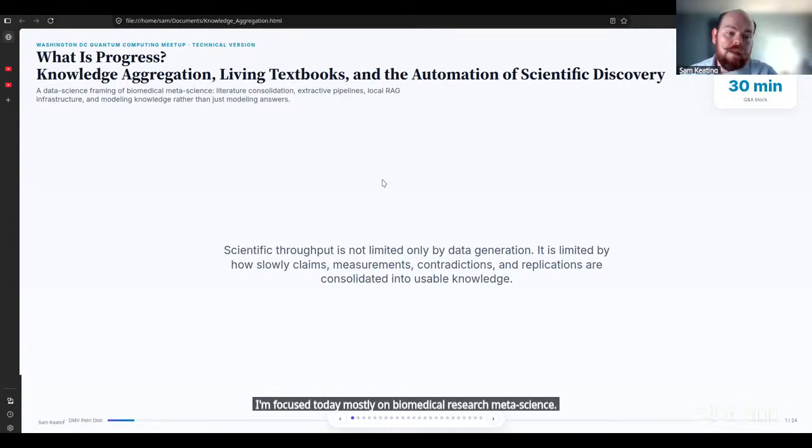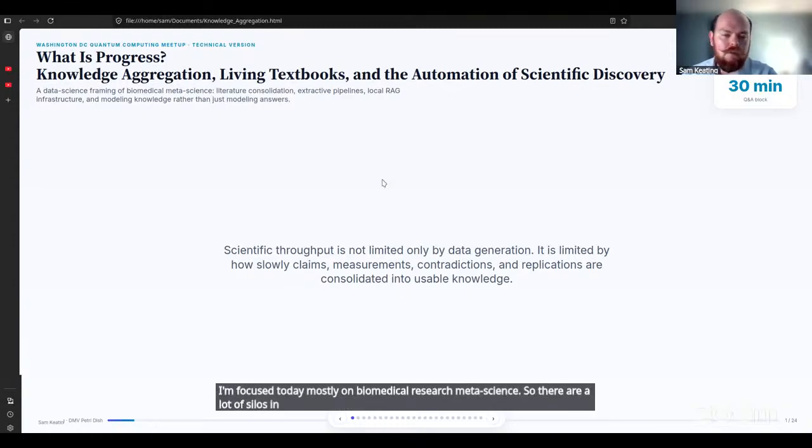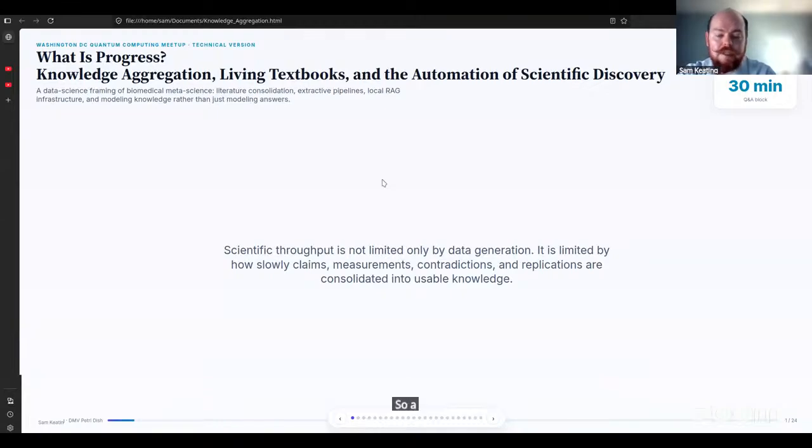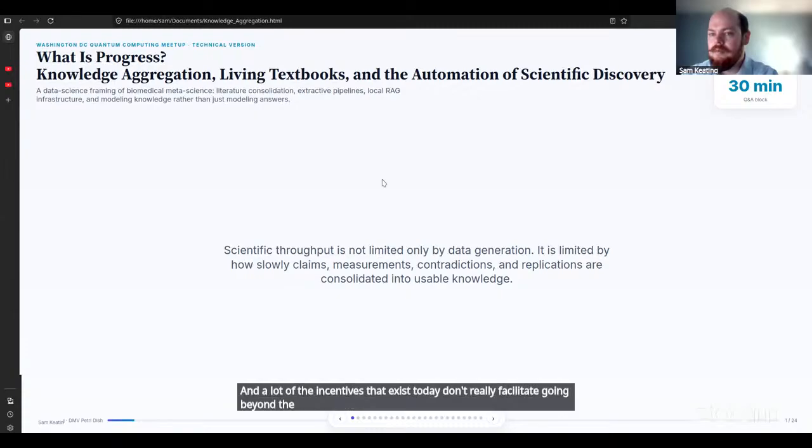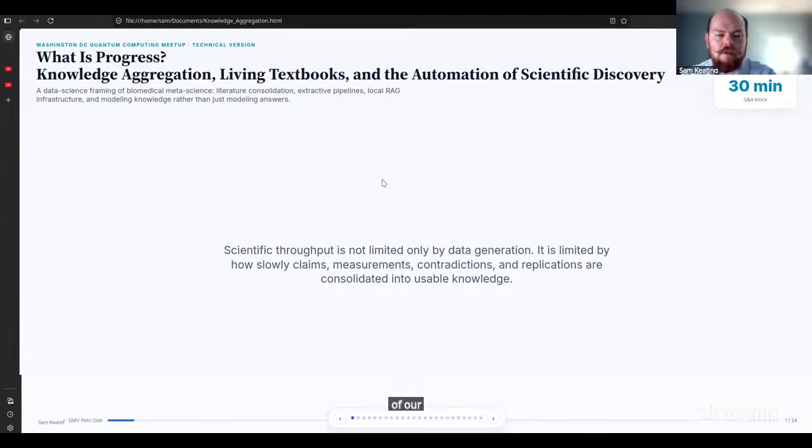There are a lot of silos in biomedical research just as a single umbrella. So a lot of stuff doesn't get connected. A lot of stuff gets siloed and stuck. And a lot of the incentives that exist today don't really facilitate going beyond the silos. We sort of have a propensity to get stuck and comfortable in the bubble of our primary professional discipline, not even just in science or STEM, but broadly.